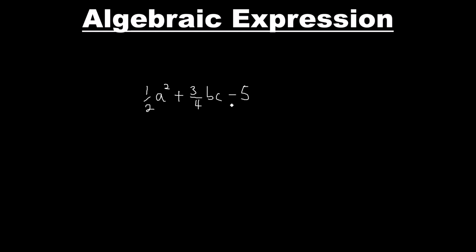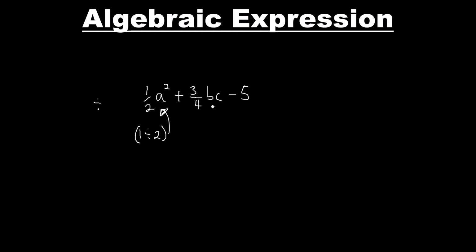This is also a classic example of an algebraic expression. There's actually a division sign in here, but it is not written. So this 1 over 2 is actually 1 divided by 2. But instead of writing it this way, it is best to write it this way. So you should take note of that. Multiplication and division signs are not seen when it comes to writing algebraic expressions.